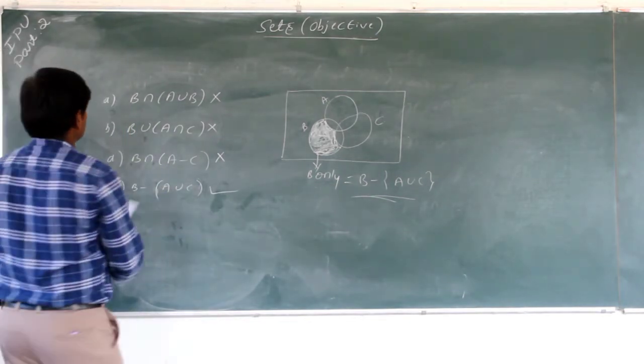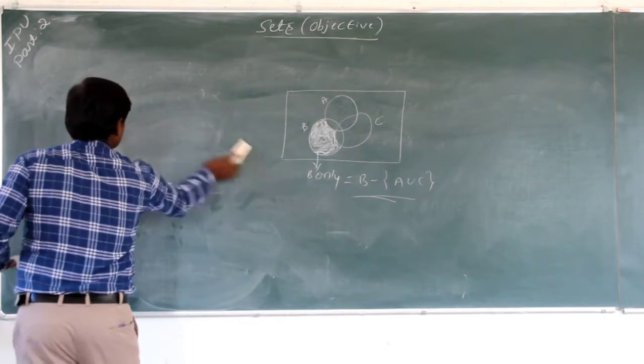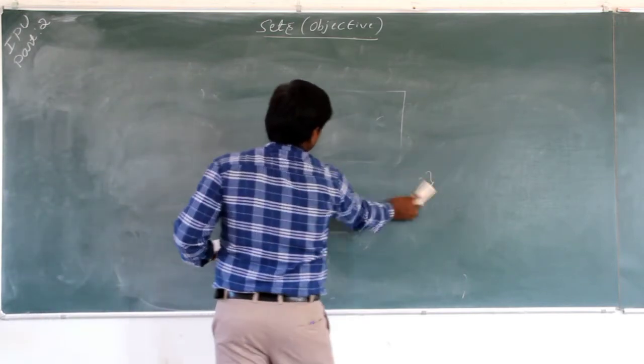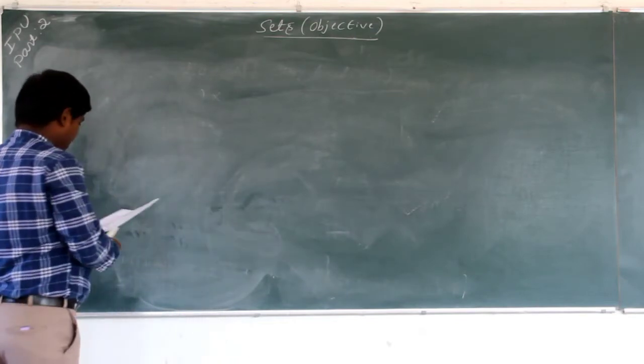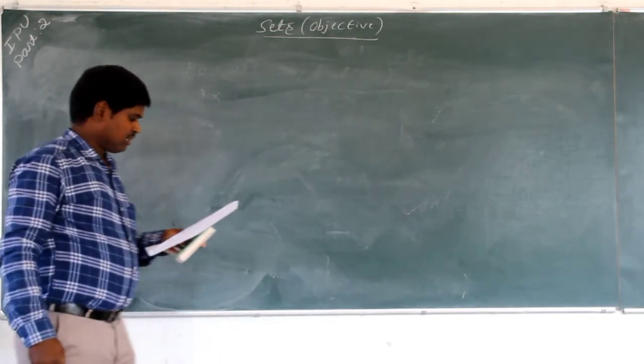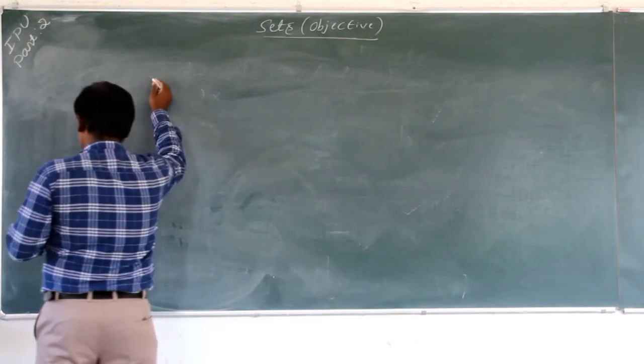Question number 20. Let A, B and C be subsets and U is the universal set.